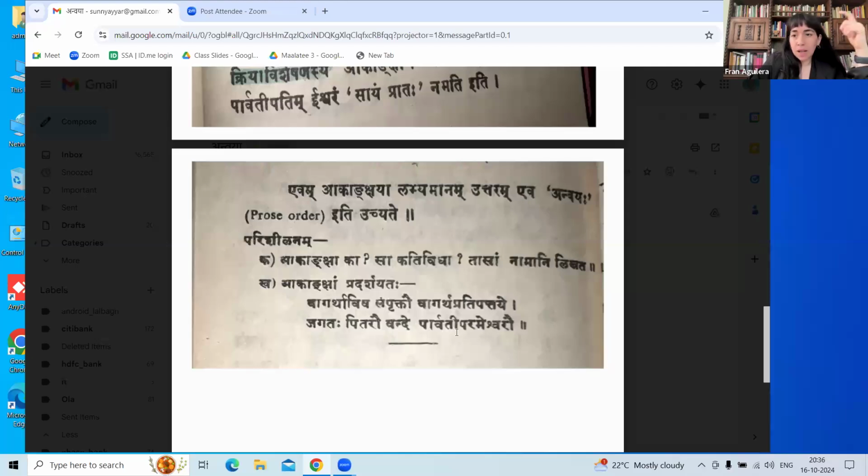Vak Artha in Samasa, Iva Sampruktau, Vak Artha, Pratipattaye, verb, kriya, Jagatah Pitarau Vande Parvati Parameshwarau Samasa. Correct. Vagartha iva sampruktau Vagartha pratipattaye Jagatah pitarau vande Parvati Parameshwarau. Parvati Parameshwarau is one word. And Vagartha pratipattaye. So that's the Padacheda. Based on that Padacheda, you have to do the analysis.